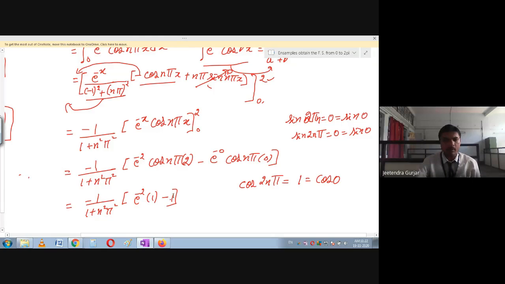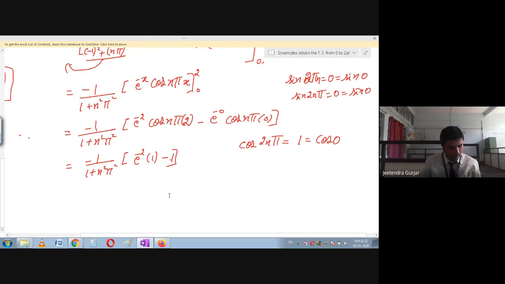Now just simplification. I will take the minus inside the bracket, otherwise you can keep it outside. So this will be 1 minus e raised to minus 2, divided by 1 plus n square pi square.